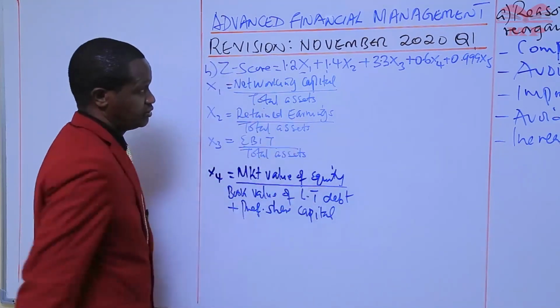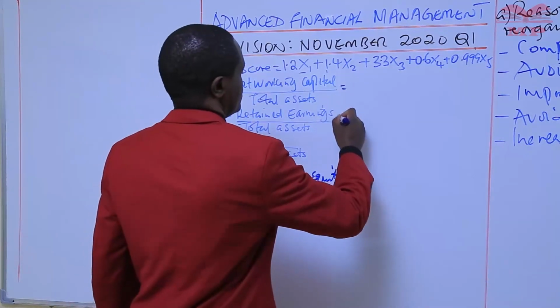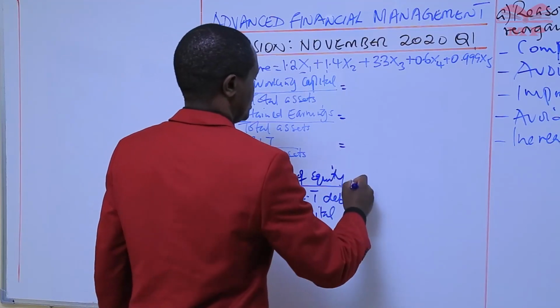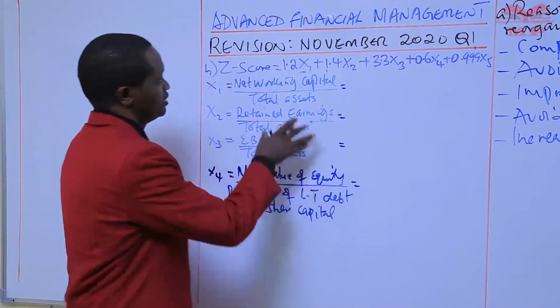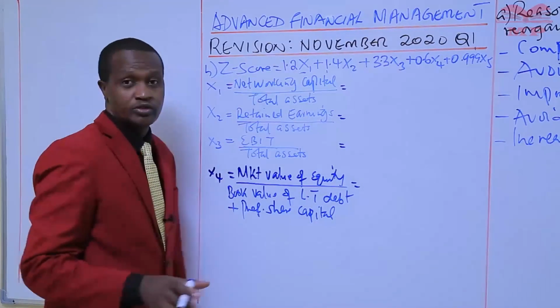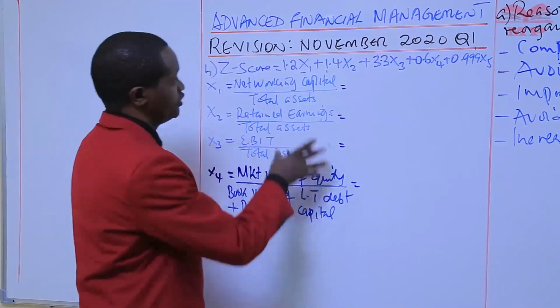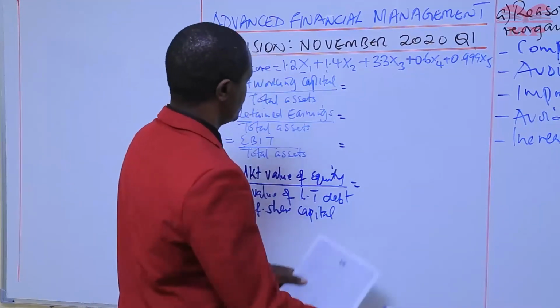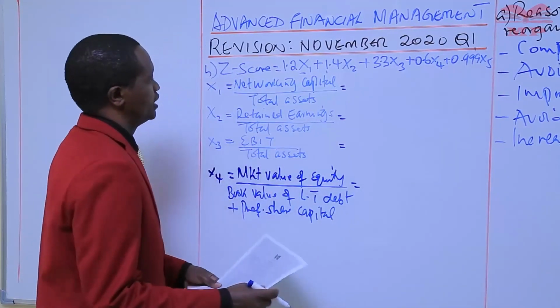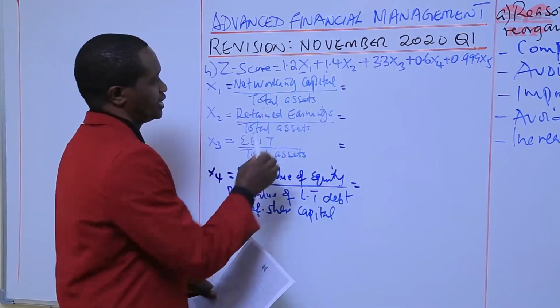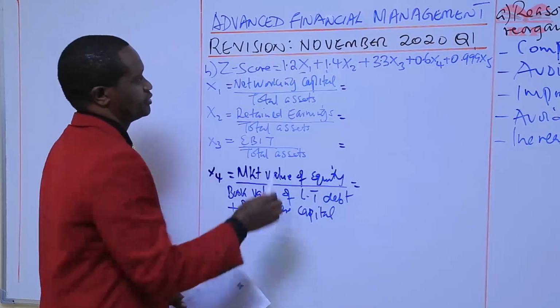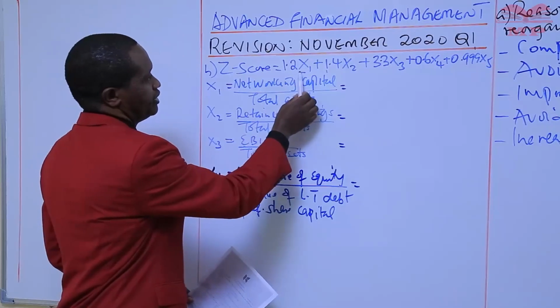This formula is given in the question, but I said earlier, make sure you memorize the formula, because the next time the examiner may not give you the formula. So we'll then move to the question and check the inputs. We calculate these ratios, then we'll substitute the ratios in the main formula.